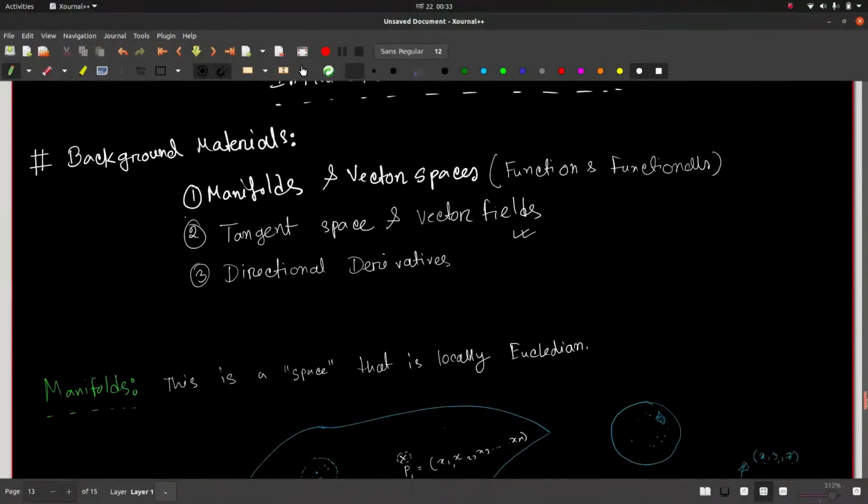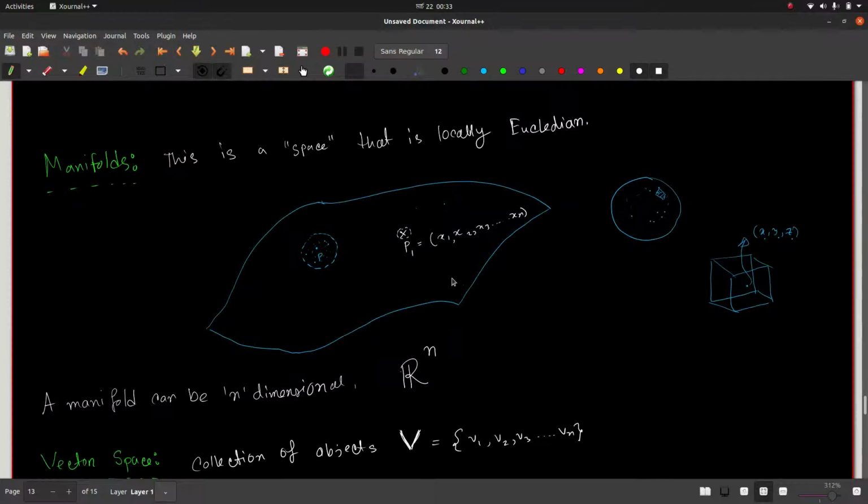For that, again we will make use of this picture. So again, take this point P, but right now let me erase it a bit. Let's say this is P, and since this is a manifold and we have already defined functions, what I can do right now is imagine that there might be curves on this manifold like this.